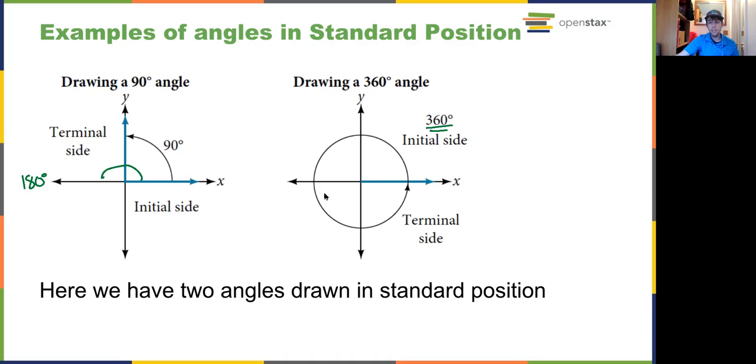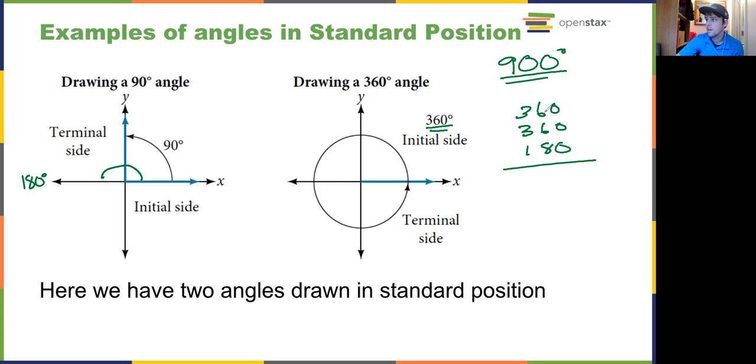We can have angles of rotation that are anything we want. You may be familiar with, let's say, Tony Hawk, right? He's famous for doing a skateboard trick called the 900. It's 2.5 rotations, because 900 is really 360 plus 360 plus 180. When you add those all together, you get 900.